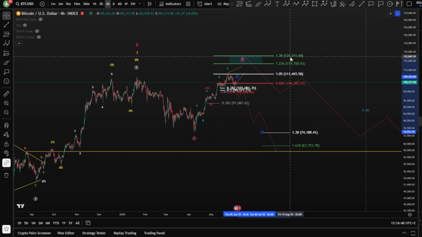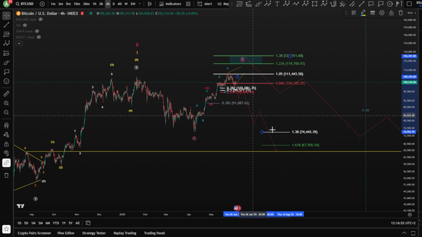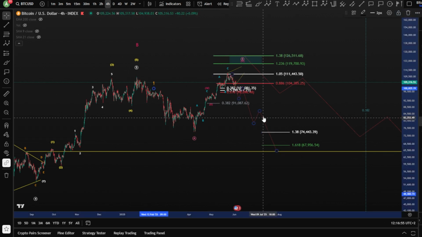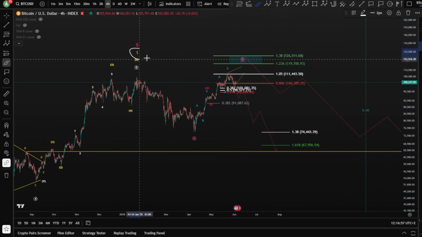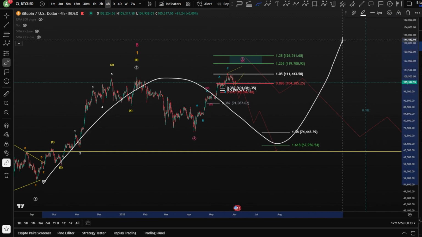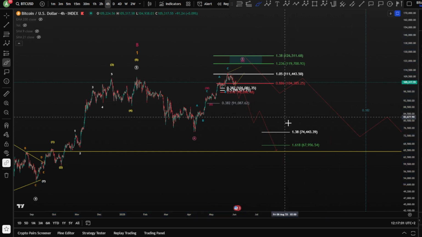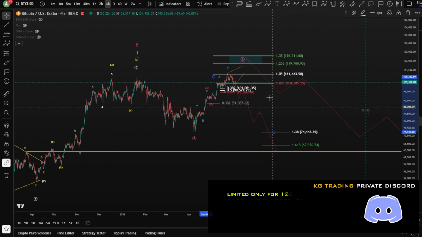Okay, so the range of the target of the move towards the downside for this wave 2, because this is your wave 2 ABC right now, you finished a wave 1 over there, meaning you're still looking for higher from here, but it estimates how deep this wave 2 is going to be.